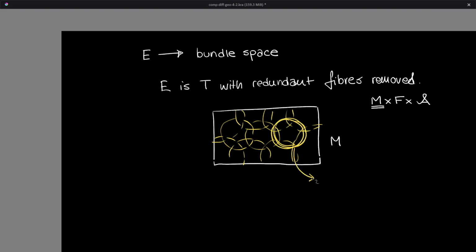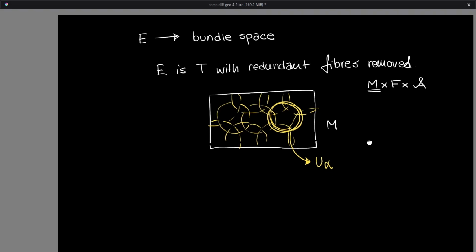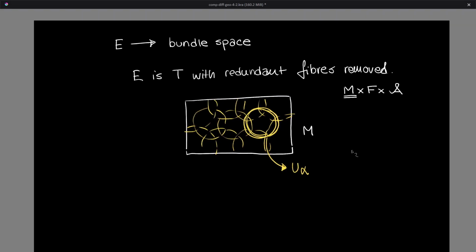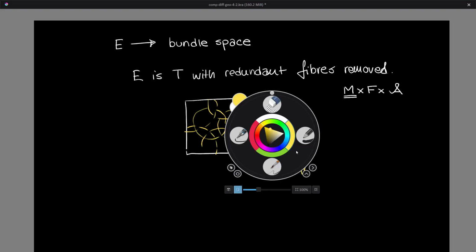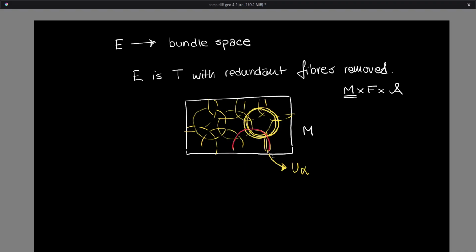Let's call that U alpha. So far, there might be another set U beta, where we had those redundant points, right?